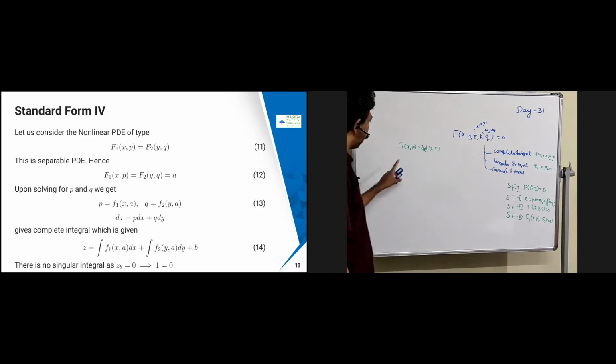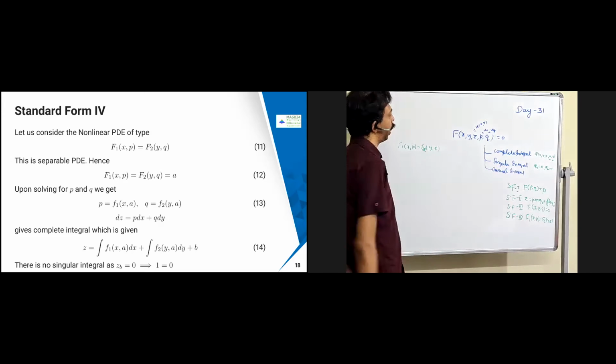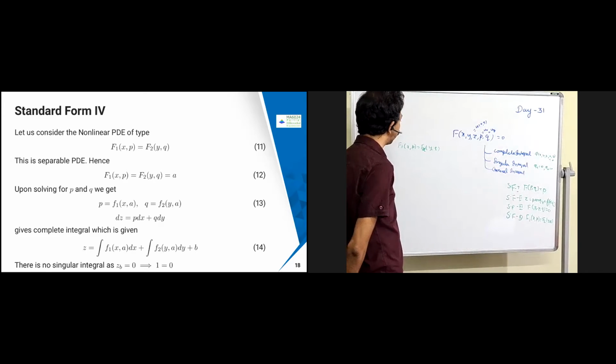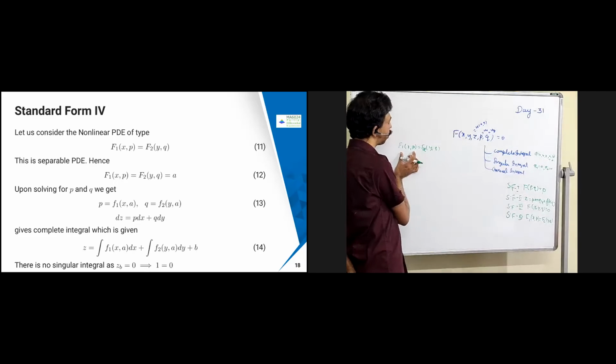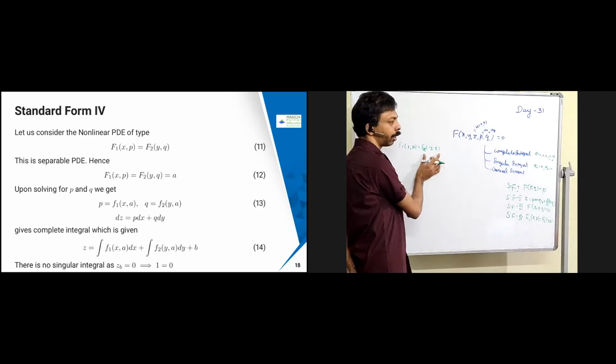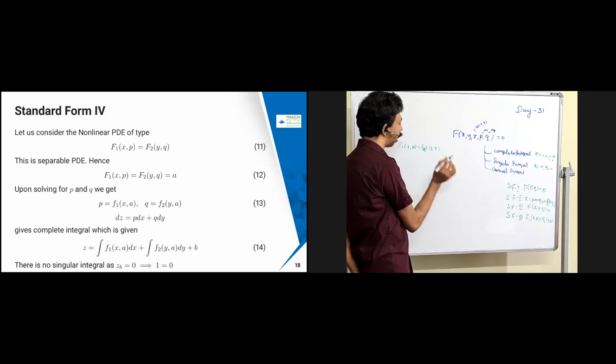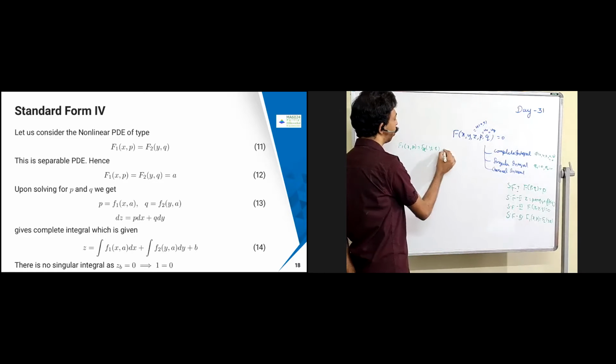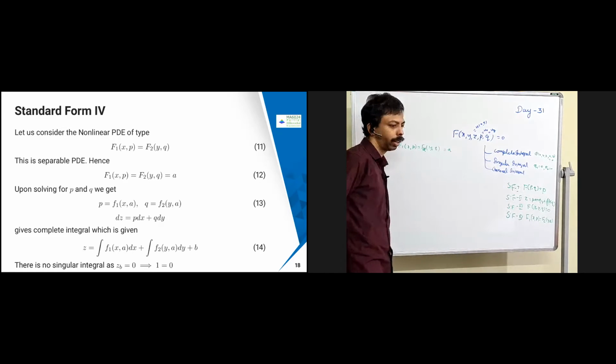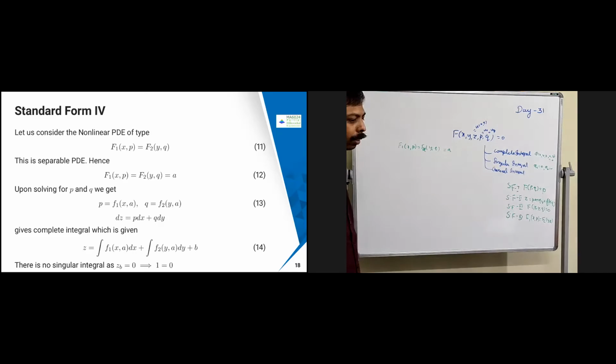Since both sides are equal, as we did in the heat equation or wave equation logic, this side everything is in terms of x, and this side everything is in terms of y. So if these two should be equal, then that should be a constant. That's the only possibility. Therefore, this is going to become a constant.